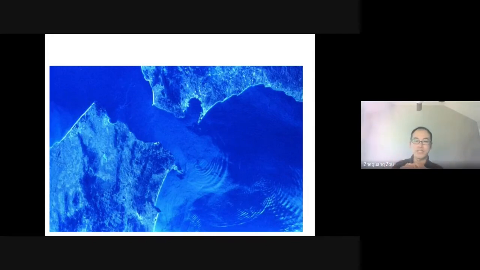And if you compare with the geographic location, it's a location that usually generates internal waves, so you can figure out that it's an internal wave. Usually internal waves are generated in the continental slope area, or somewhere the seafloor topography has a big change. I think this image is from the Strait of Gibraltar, probably a narrow strait.